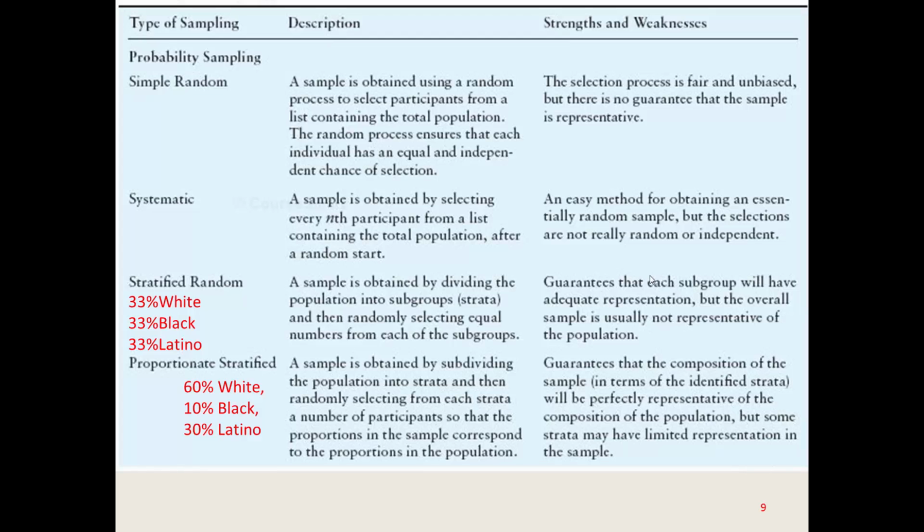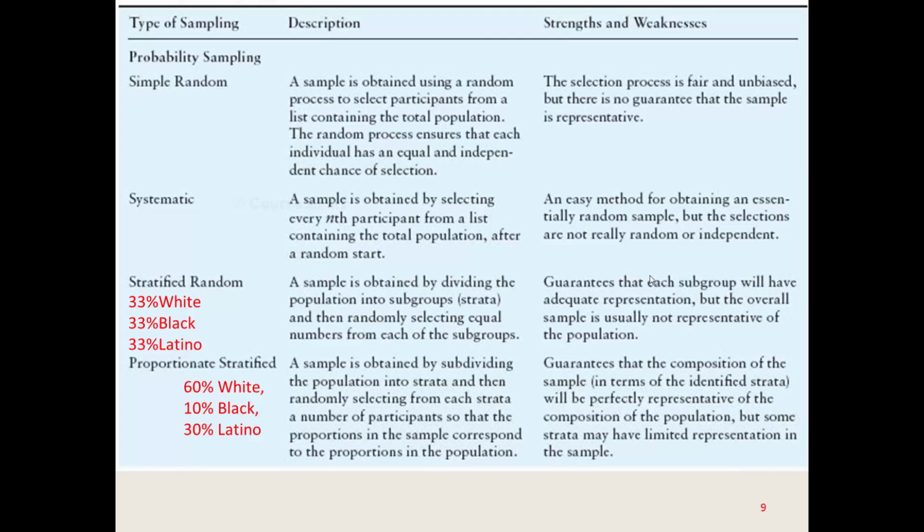A similar method is proportional stratified. It's similar because you have specific percentages of individuals, but these percentages are totally different from stratified random.